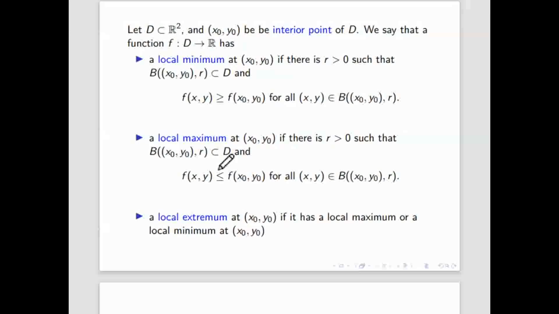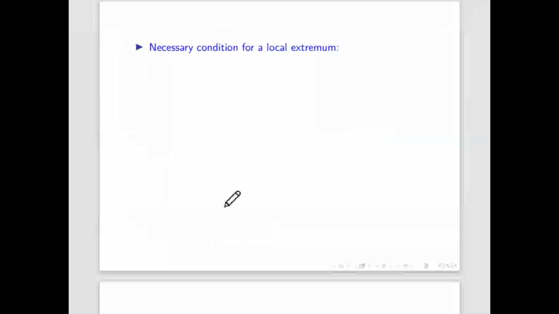If the condition is true for all points in this disk, then it is a minimum. If it is true for all points in this disk, then it is a maximum. For neither, you will be able to find two points such that both conditions hold. Then we say it is neither a maximum nor a minimum. That means it is a saddle point.